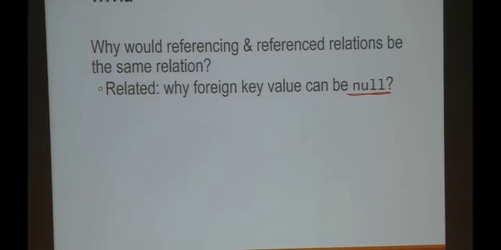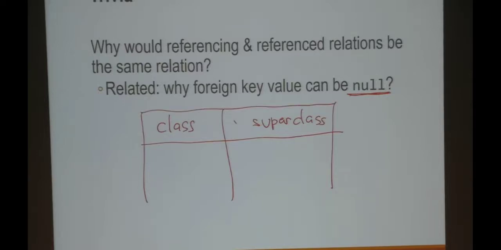So if I create a table consisting of a class and the superclass, my superclass must belong to a class. In this case, this particular attribute needs to reference this. And then we have the superclass of everything, which is Object.